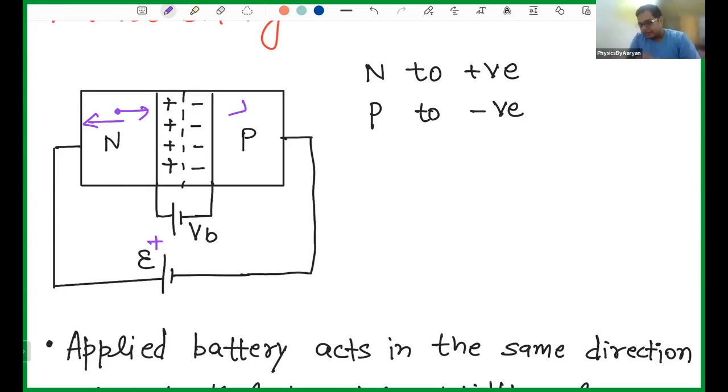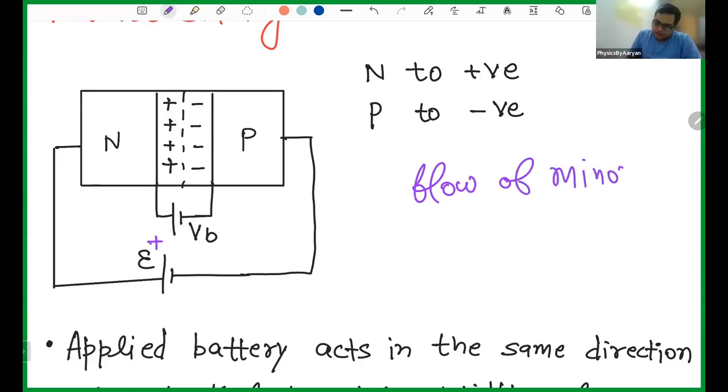But there is one more thing that is happening, and that is the flow of minority charge carriers. I agree that majority charge carriers cannot flow. Electrons cannot go from here to here. But there are some electrons here as well, which are minority charge carriers. They can certainly go from here. Why?